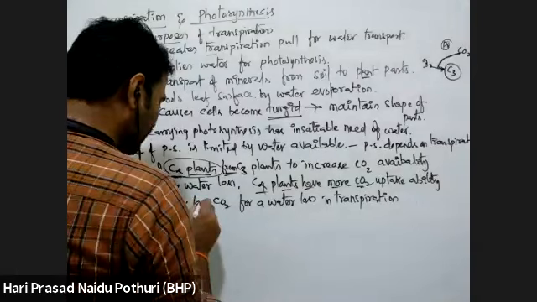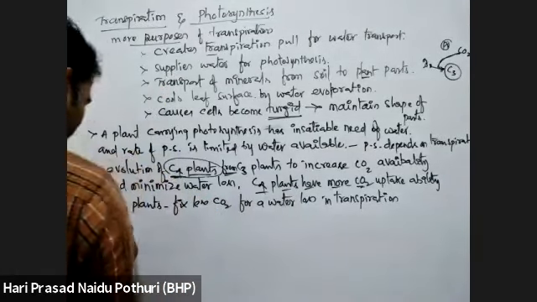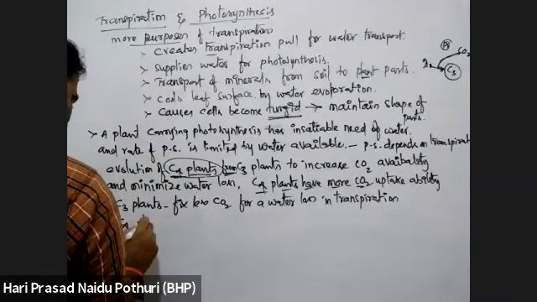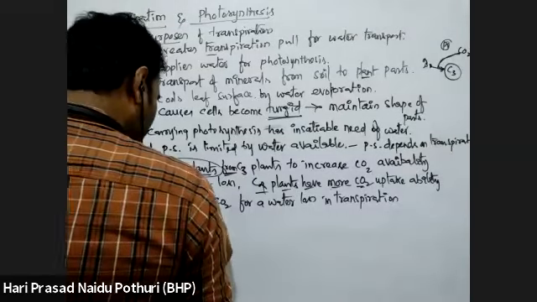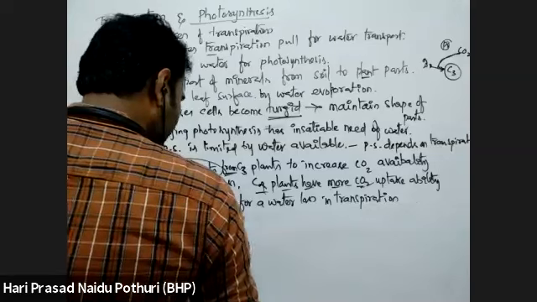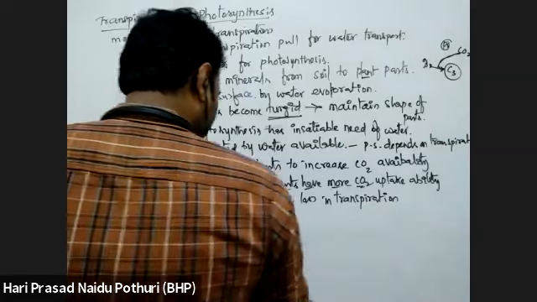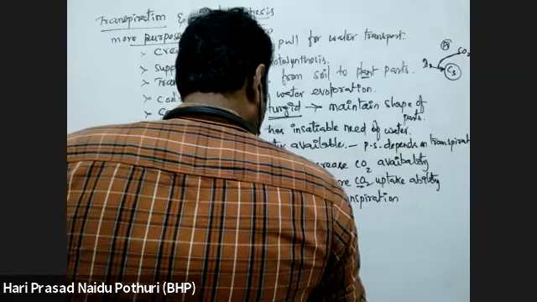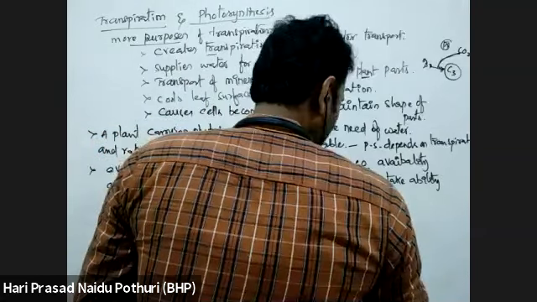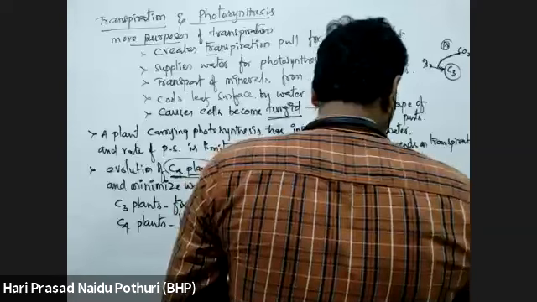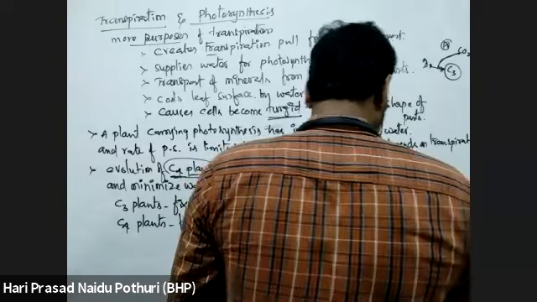That means only some amount of CO2 is fixed. Whereas if we see C4 plants, they fix more CO2 for the same water loss in transpiration. Now you can compare very well.